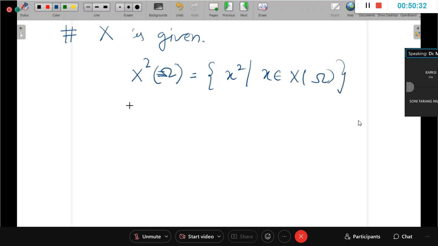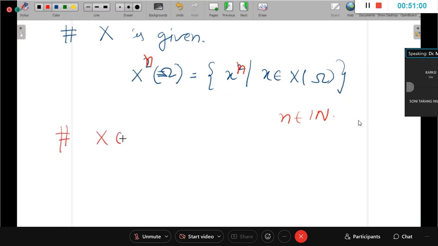Straightforward. Or in other words, instead of this, I may take x to the power n, where n is a natural number. This is justified, there's no question about it.